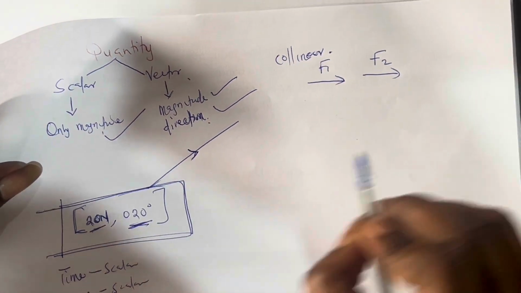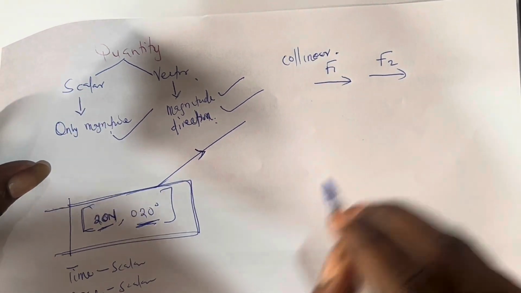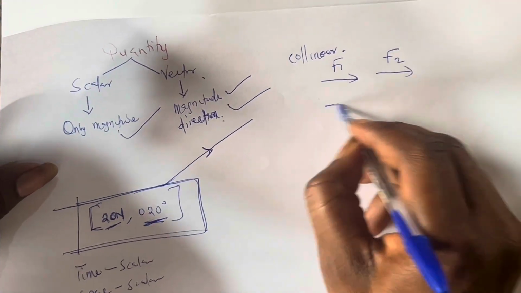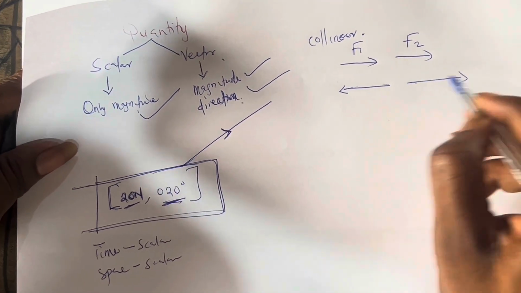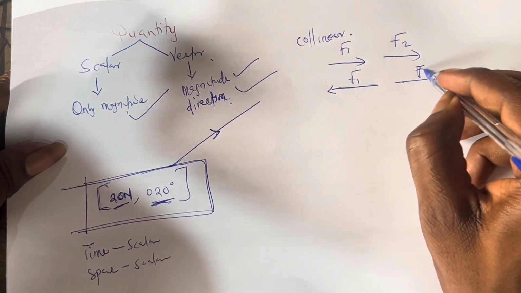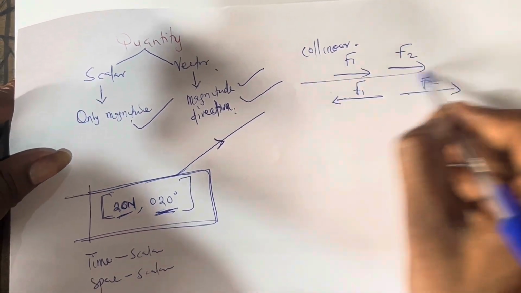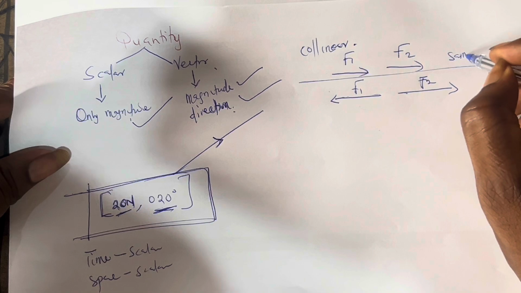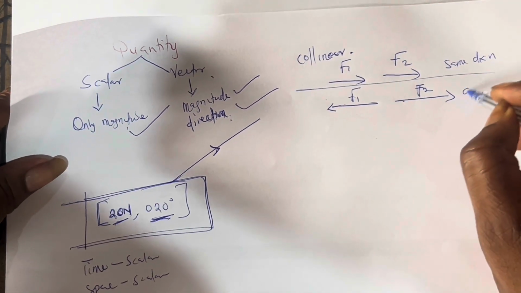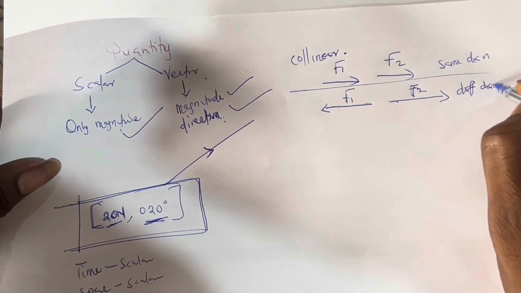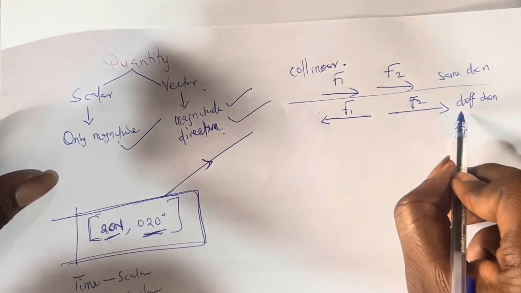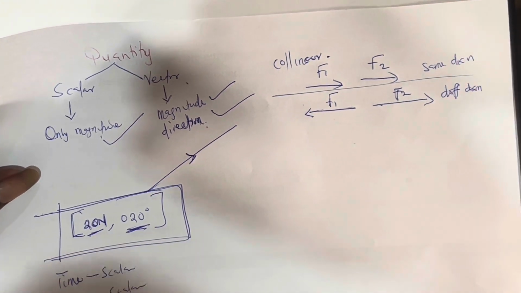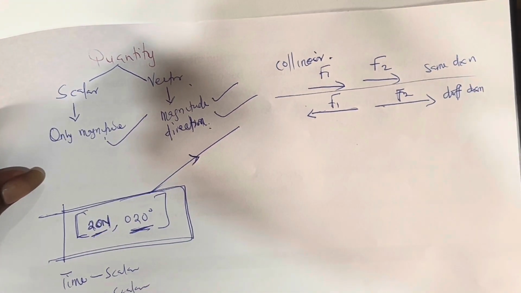They act on a straight line, either in the same direction or different directions. I can also have this as force 1 and this as force 2. Since they are on a straight line, here they are acting in the same direction, but here in different directions. So when forces act on a straight line, whether in the same or different direction, they are collinear forces.